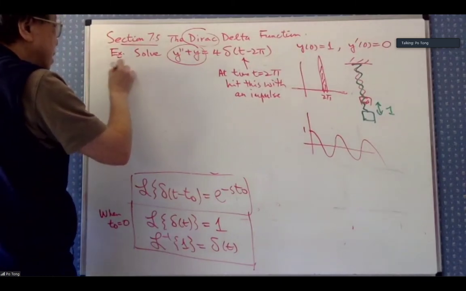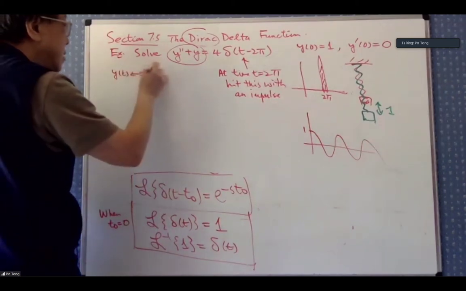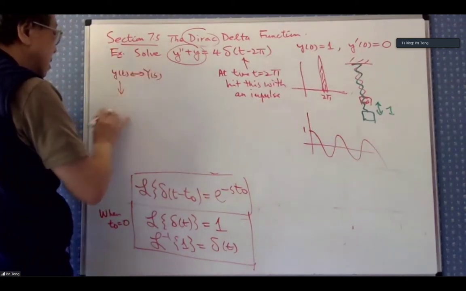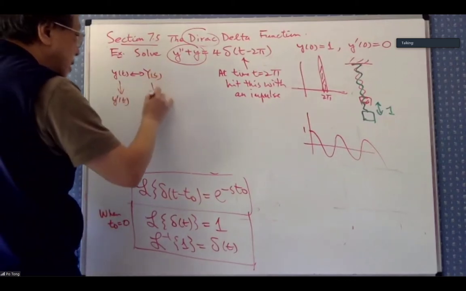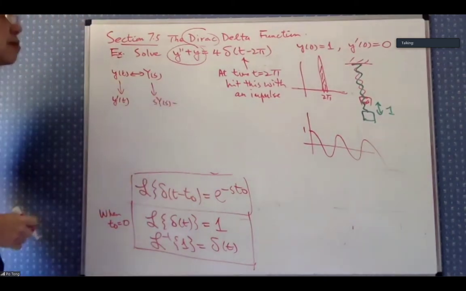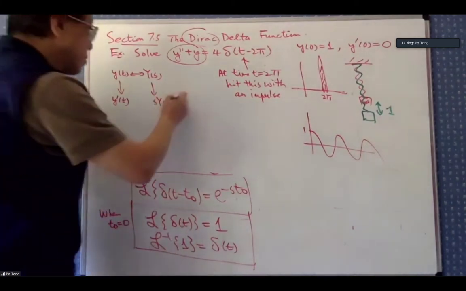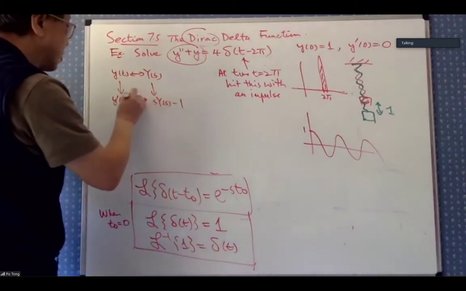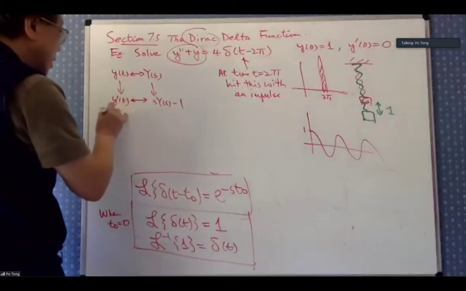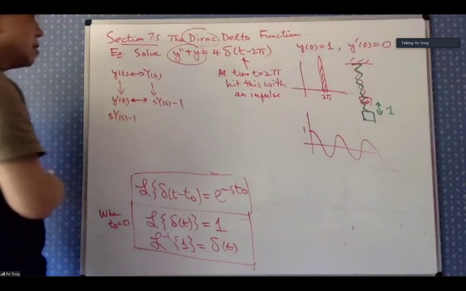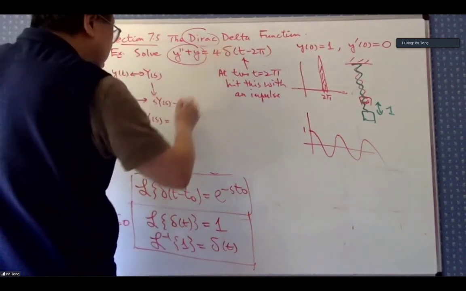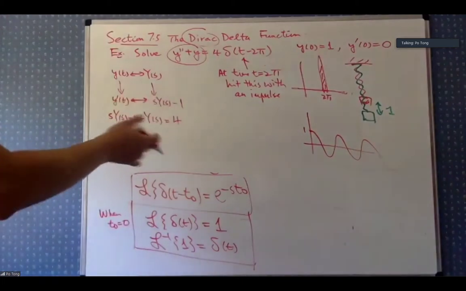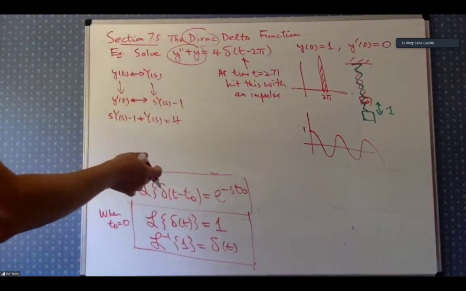We have y(t), which is Y(s). And here, it's going to be y prime(t), which will be sY(s) minus y(0), which is 1. So sY(s) minus 1 plus Y(s) equal to the Laplace transform of this, 4 times the Laplace transform of... Professor, isn't it y double prime, not y prime?